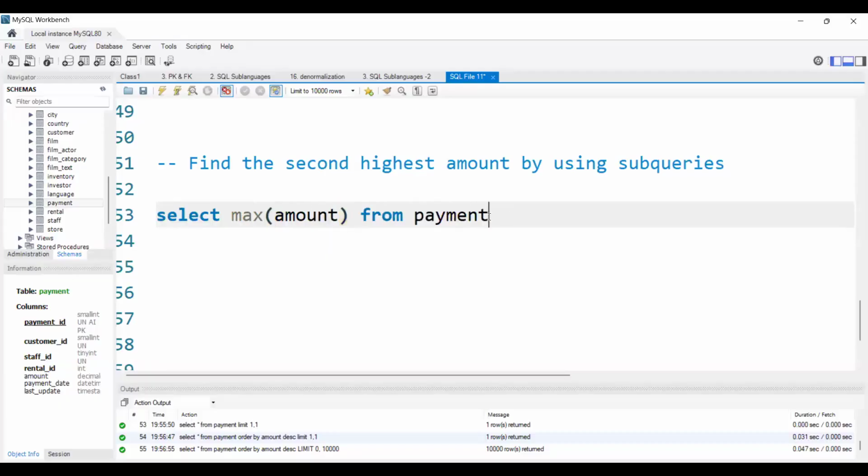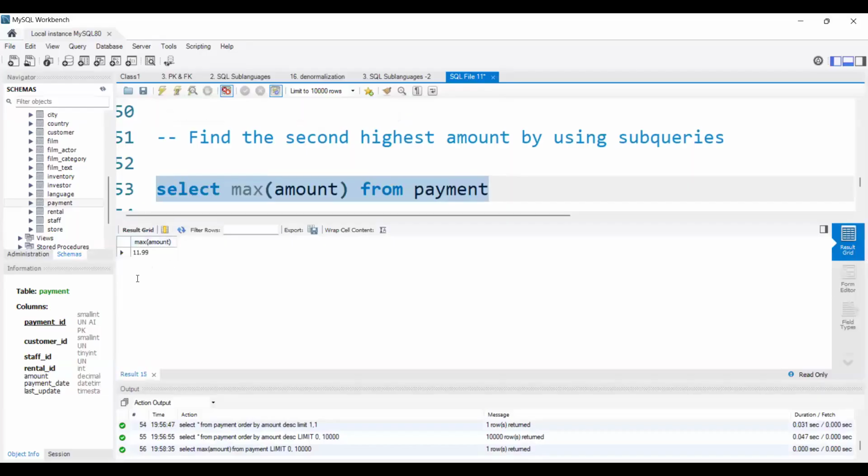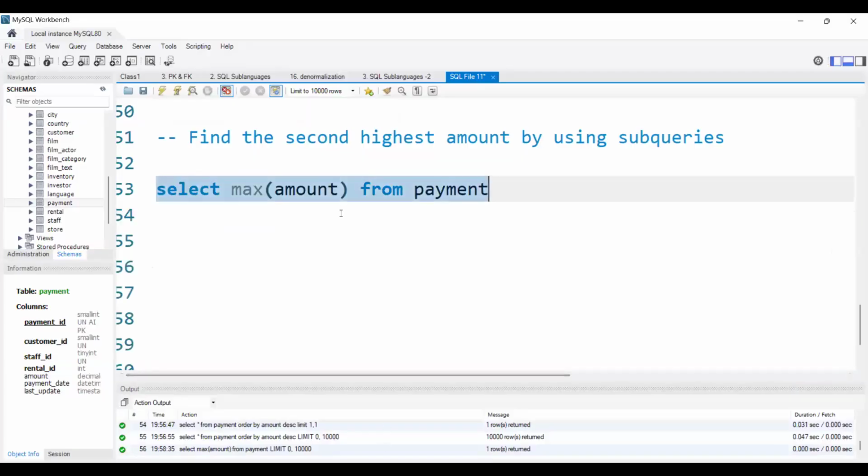If I do this, I will get the maximum value as 11.99, whatever maximum value I have. But I am saying I want to display the second highest amount.